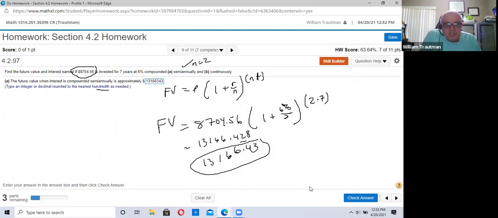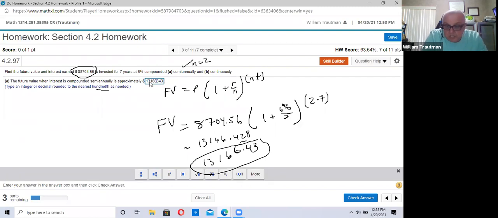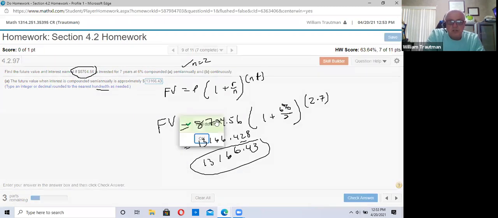T is 7, 6%. I'm sure I just typed it in wrong. Oh, I didn't put a decimal. I put all kinds of weird numbers. Look at this thing. Point. See how blind I am? Okay, let's try this one now. Let's see if this is correct. All right, we're okay now.